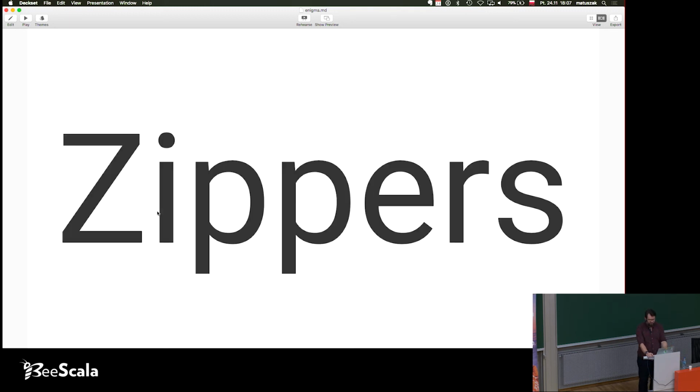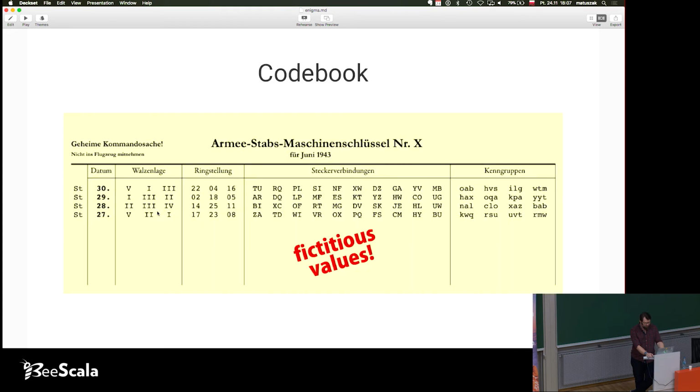Okay, the second thing are the zippers. And again, I will go back to our Enigma example. The way the soldiers encrypted the message was that they had a code book, which was a sheet of paper with the date. Walzenlage is the rotor, so they could pick 1 from 5.